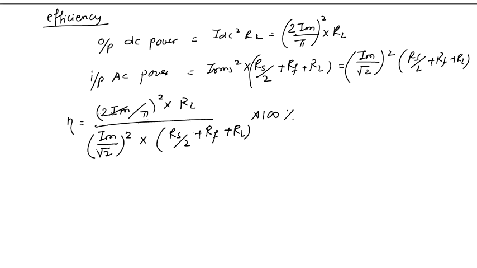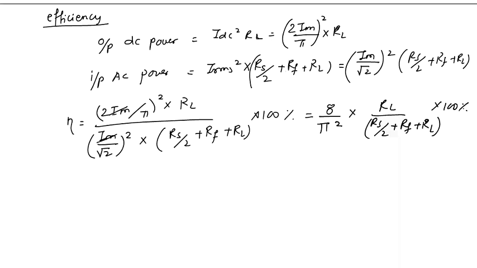Im square will be cancelled, and here we get 8 upon pi square into RL upon (RS by 2 plus RF plus RL) into 100%.